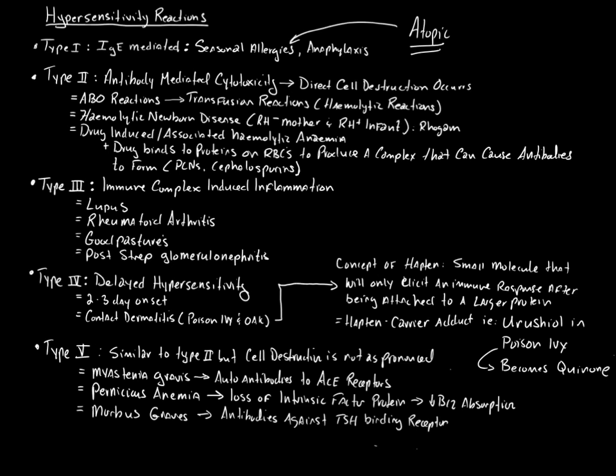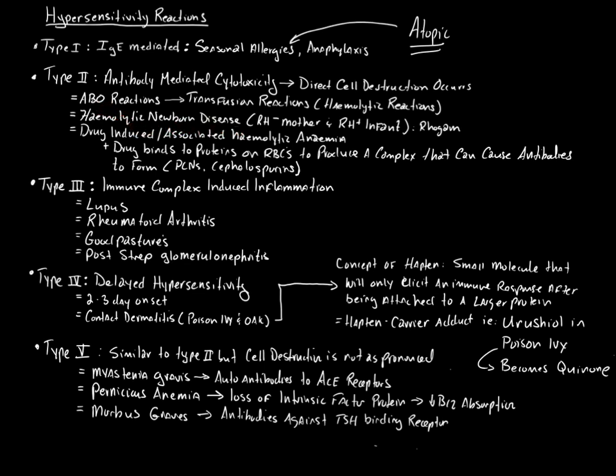When somebody receives a blood transfusion and has a hemolytic reaction, where you have lots of breakdown of red blood cells, this is a type 2 reaction. Antibodies attach to the red blood cells and cause them to undergo hemolysis and break down, and of course that can be very problematic. Hemolytic disease of the newborn is another good example.